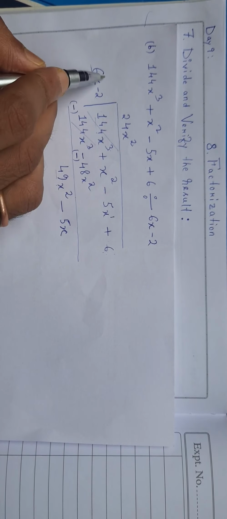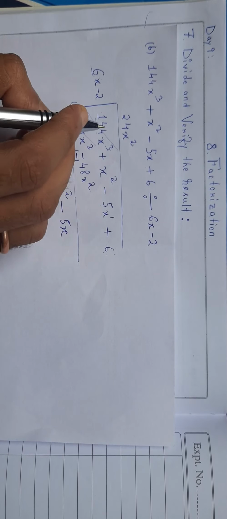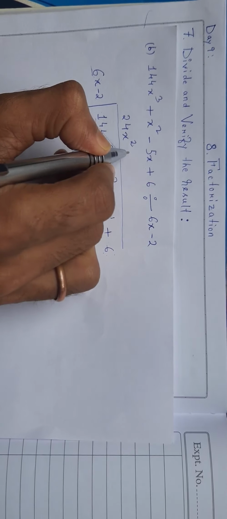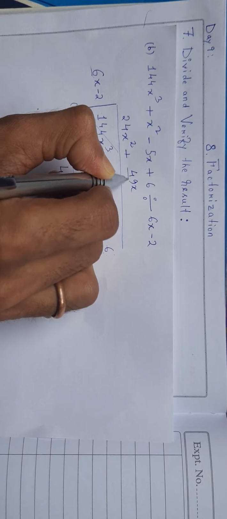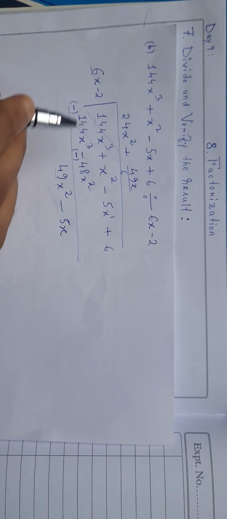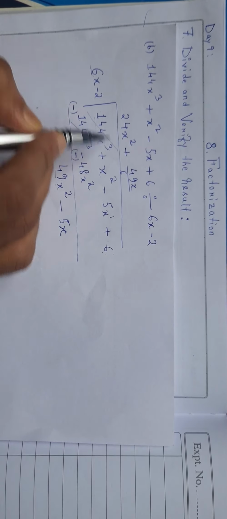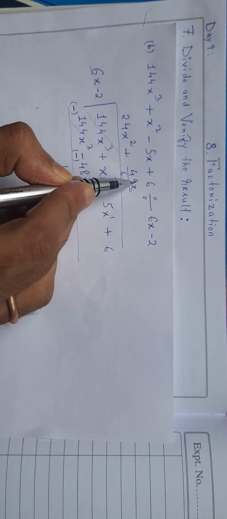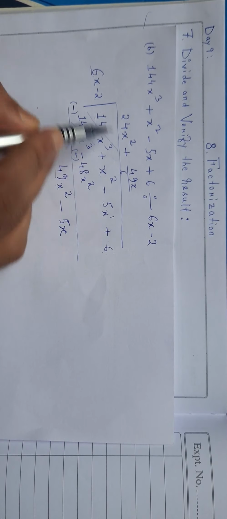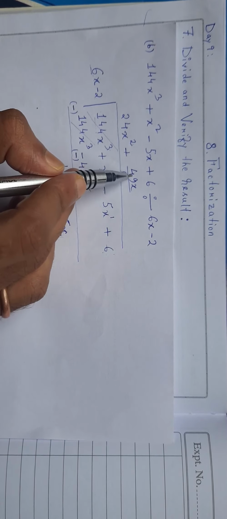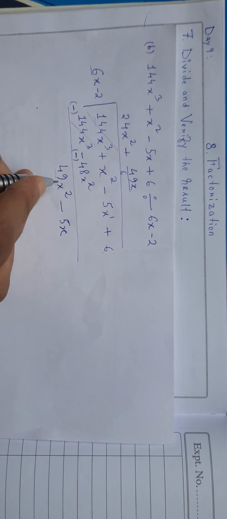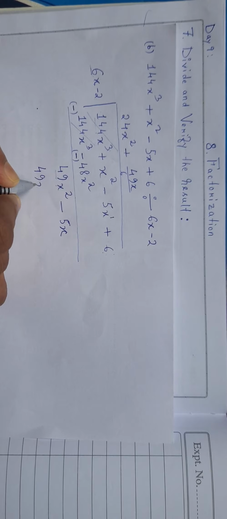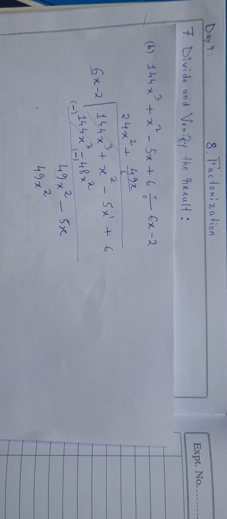We can multiply that 6x with 49x by 6. So when we multiply 6x with 49x by 6, we'll find 6 and 6 will be cancelled. So we are left with 49x, and this x and this x will make it x square. So we get 49x square.